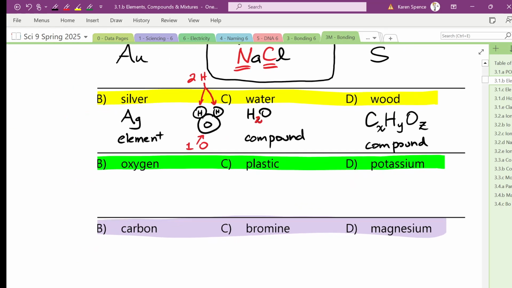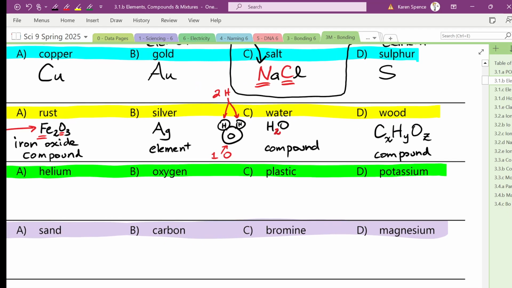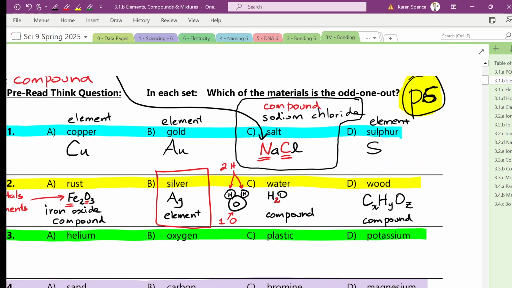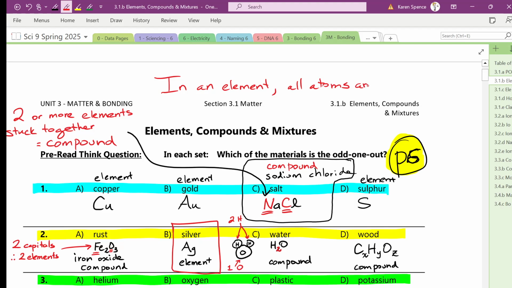All right, so we've got silver, water, wood. And so according to this, who is the odd one out? Silver, because it is an element and the rest are compounds. So in silver, in an element, all the atoms are the same.